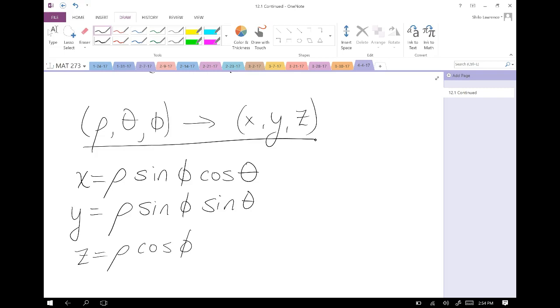So we wouldn't need a theta in that equation because there's no restrictions on the theta. And we would go all the way from the top, positive z, to all the way to the negative z. So we wouldn't need a restriction on the phi either. We would use all possible values of phi. So we wouldn't need a phi in the equation either. So a sphere in 3 dimensions would just be rho equals a number. A sphere in 3 dimensions would just tell us how far out to go from the origin.